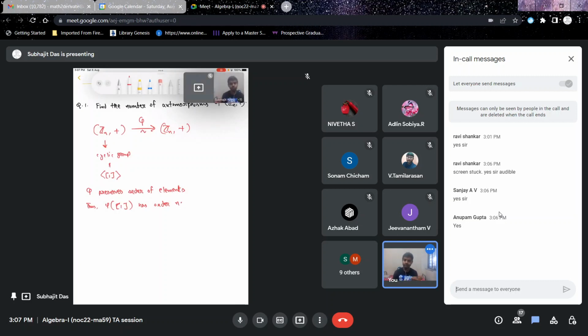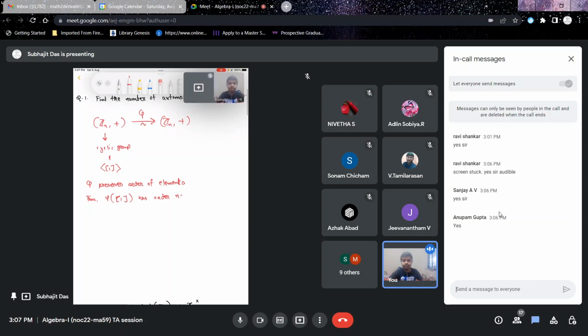If you know where it takes 1, since it's a homomorphism in particular, you know the mapping on the entire Zn, right? So it can be uniquely extended to all of Zn. I mean, not exactly uniquely, but its image, the image of 1, fully determines what the map will be. That is what I'm saying.